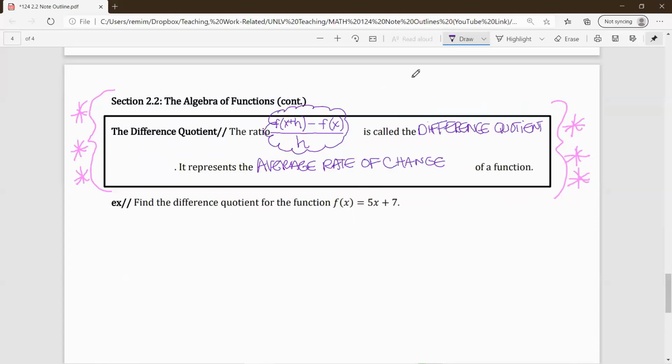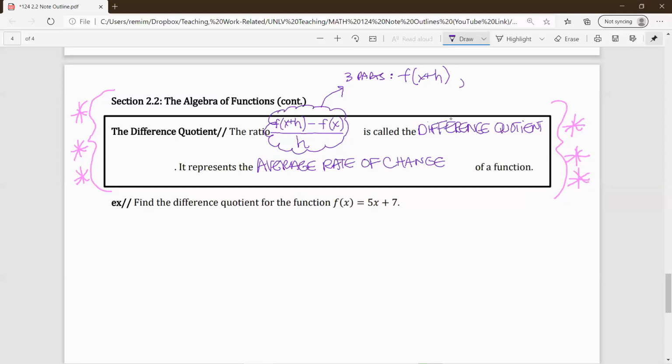All right, so if you look at this difference quotient, it basically has 3 parts to it. The first part is right here, f of x plus h. The second part is this minus f of x.